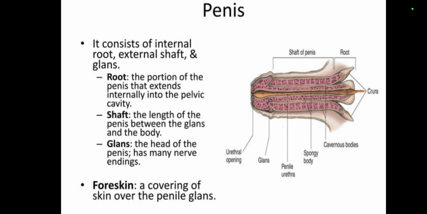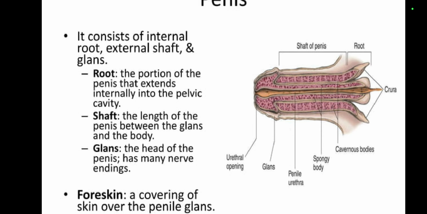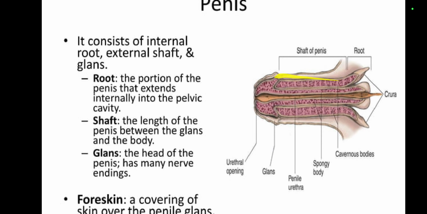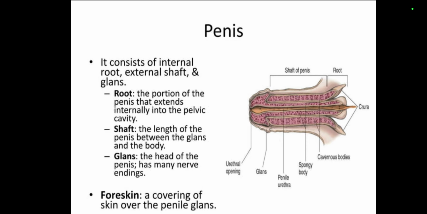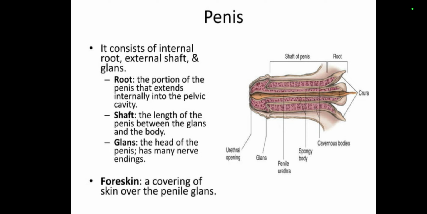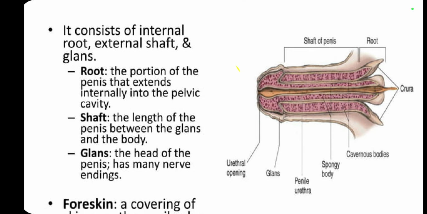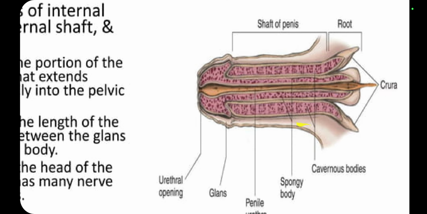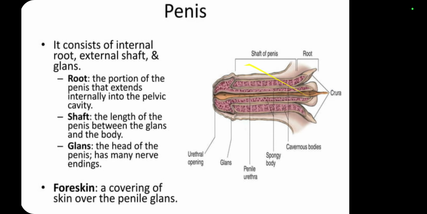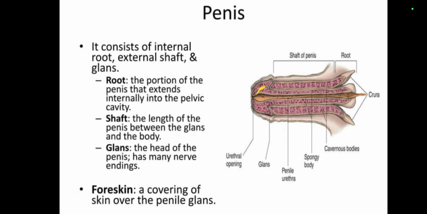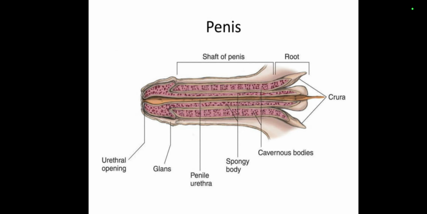Okay, then we also have the foreskin. The foreskin is the protector, the covering, the skin that covers the penile glans or the penis itself. Okay? It is covered by the foreskin. This is the outer layer. So that is the penis.